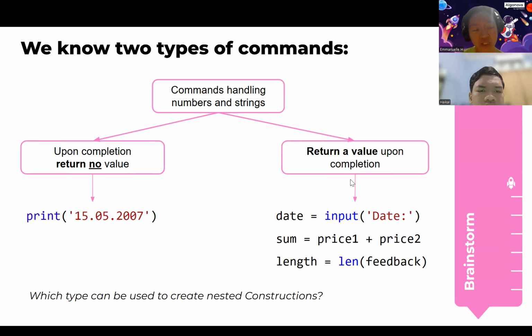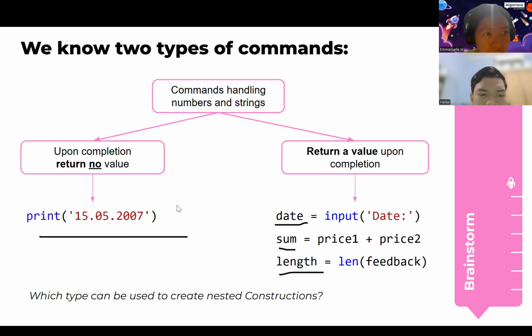How can we know which one is returning a value? Usually, if it returns a value, it will be stored in a variable. For this one, it returns no value because we just display it, just print it out.